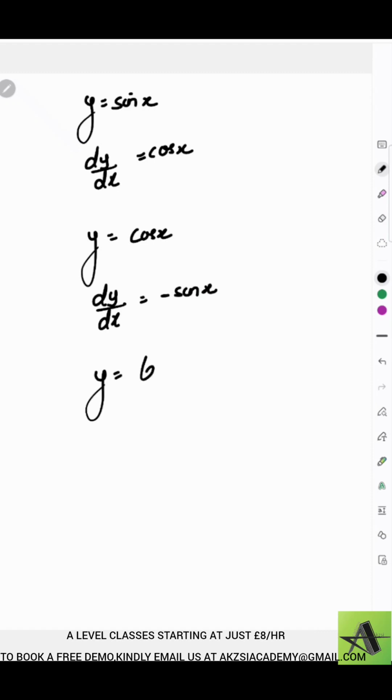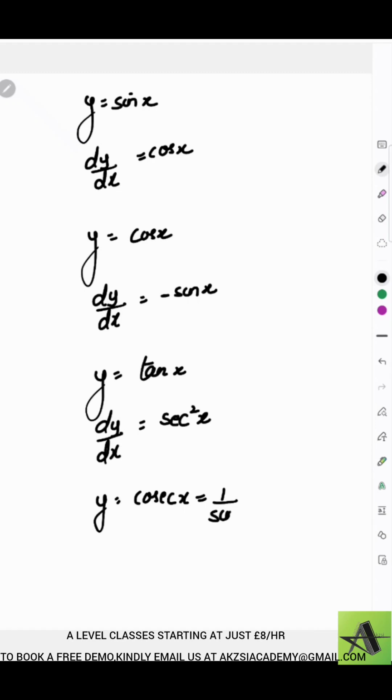If your function is tan x, its differentiation is sec squared x. If your function is cosec x, it's just reciprocal of sine x.